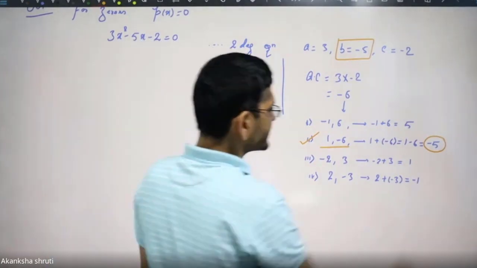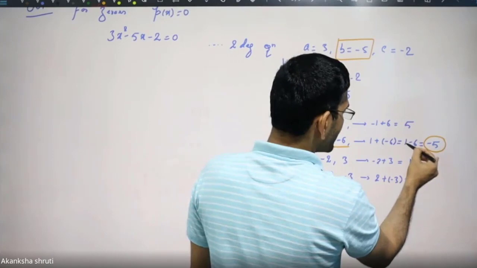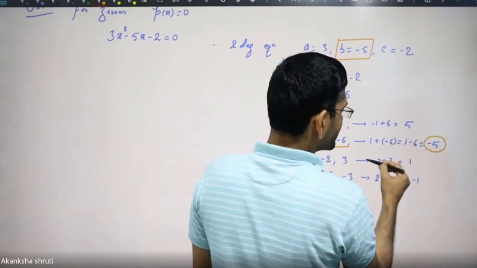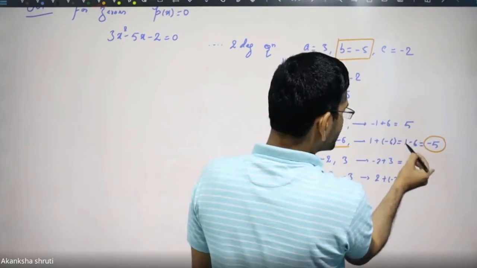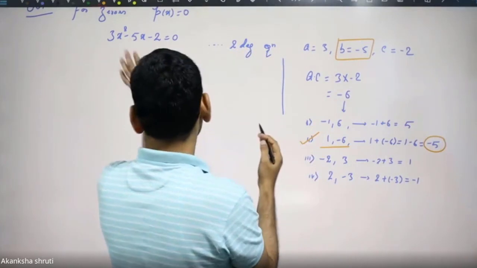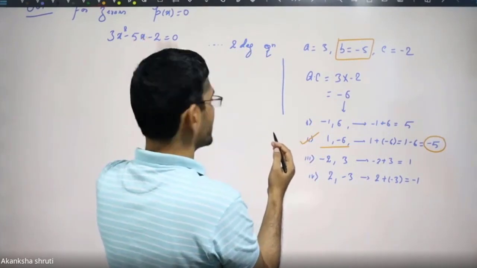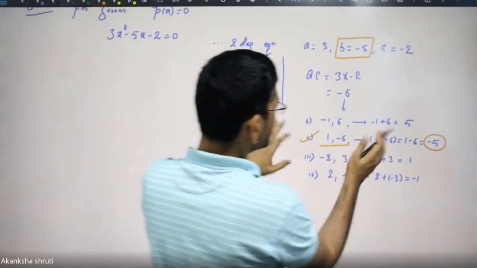We shall write -5 as 1 minus 6. This means the coefficient B shall be written as 1 minus 6. Then we can separate this x, so x becomes the 2. Then we have to take the common. So this is the rule that we are using.